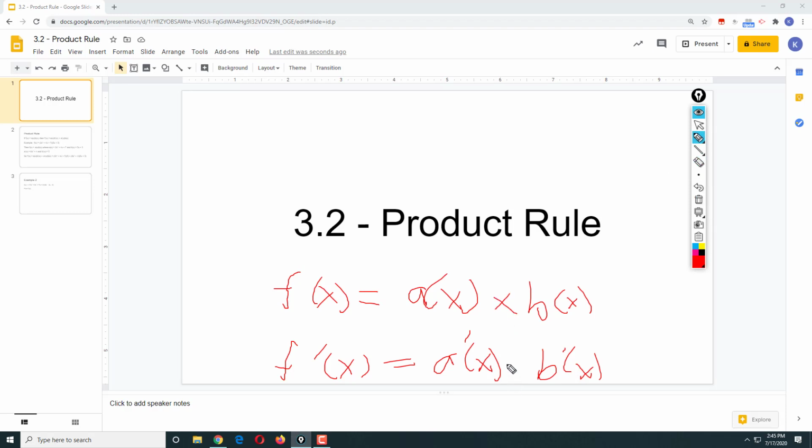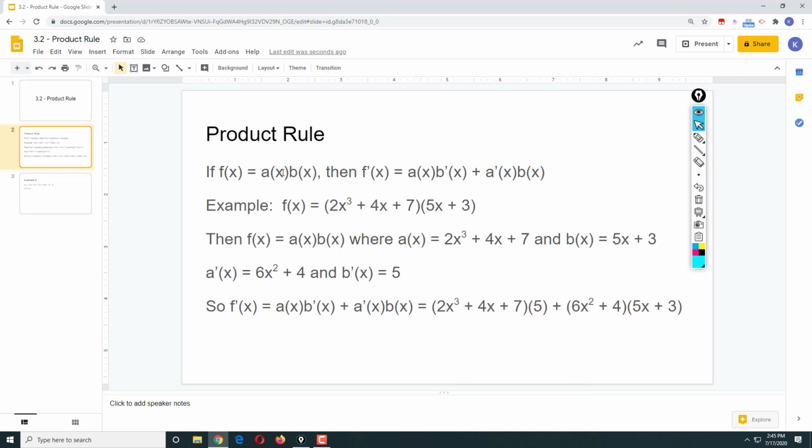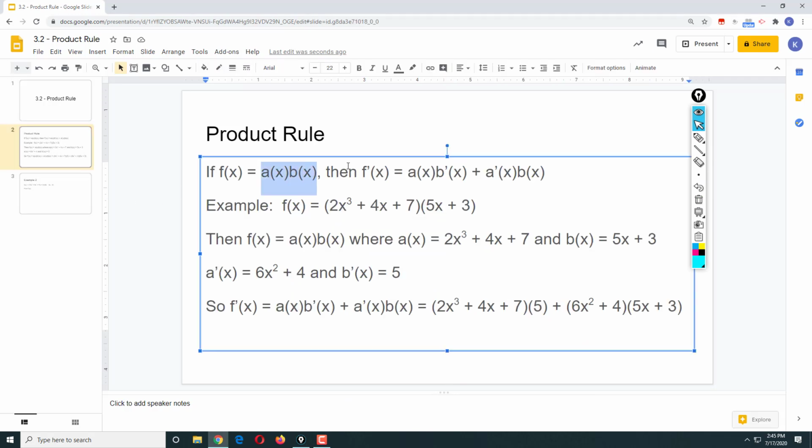So if f of x is a of x times b of x, then f prime of x is not going to be a prime of x times b prime of x. Instead, we're going to follow the product rule. Product rule says that if f of x is a times b, then f prime is a times b prime plus a prime times b.